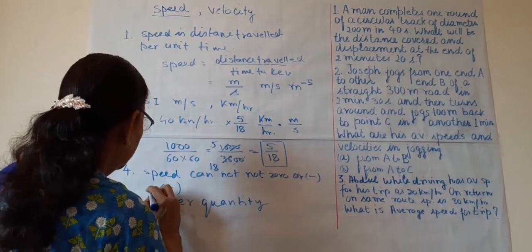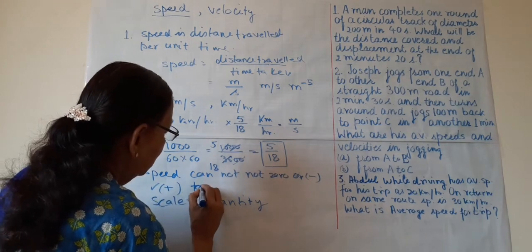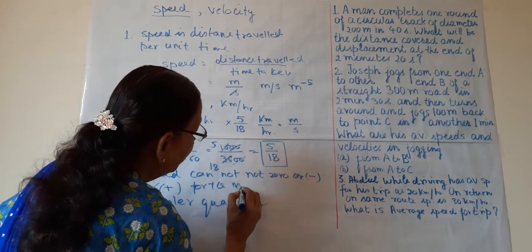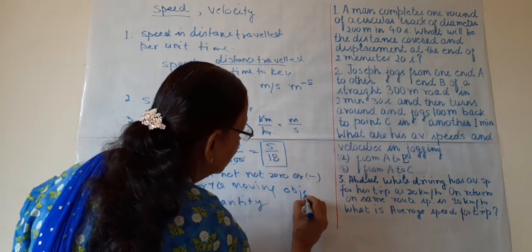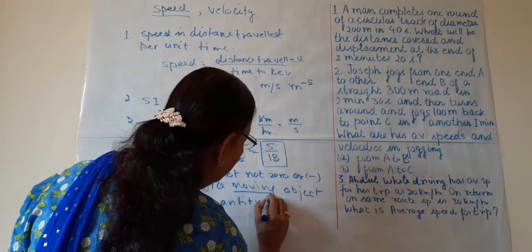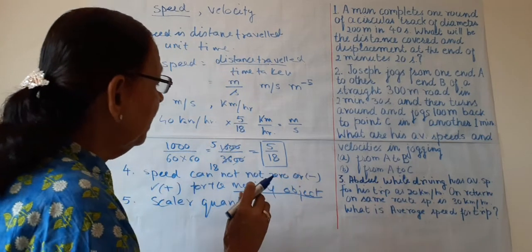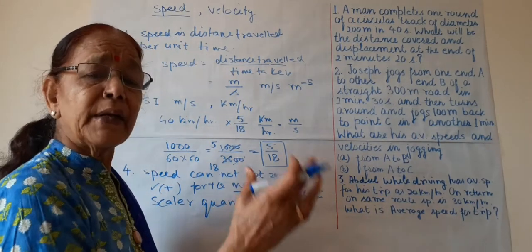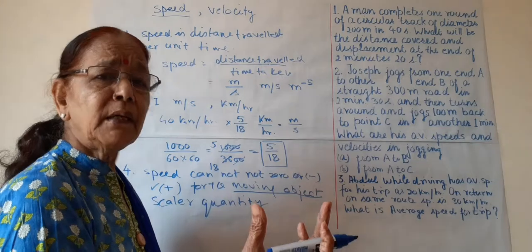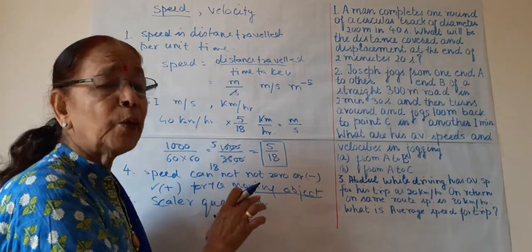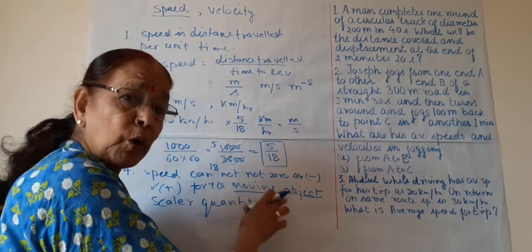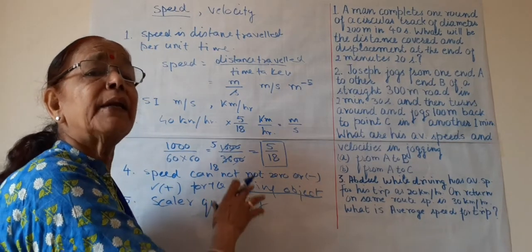It is positive for a moving body, for a moving object. So it is very important to write for a moving object. If the object is at rest, then what should be the speed? Speed will be zero. So speed can be zero if the object is not moving, if it is at rest.